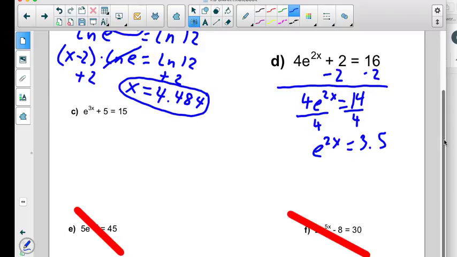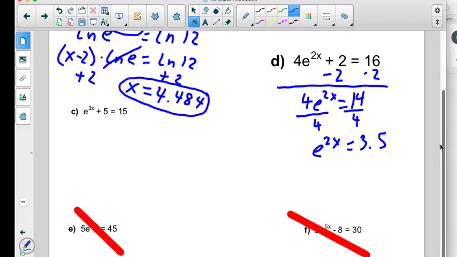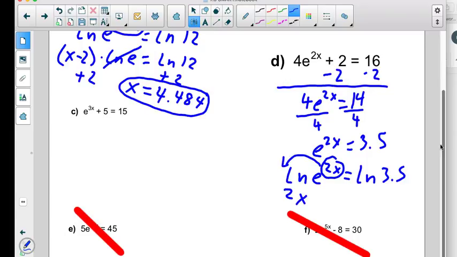Now we have it in the form so that it's similar to that first problem. So what do we need to do to undo this e? The LN. Do the natural log of both sides, don't forget that. Then we can take our exponent, put it up front. So we have a 2x. What happens to this natural log of e though? It's just 1.